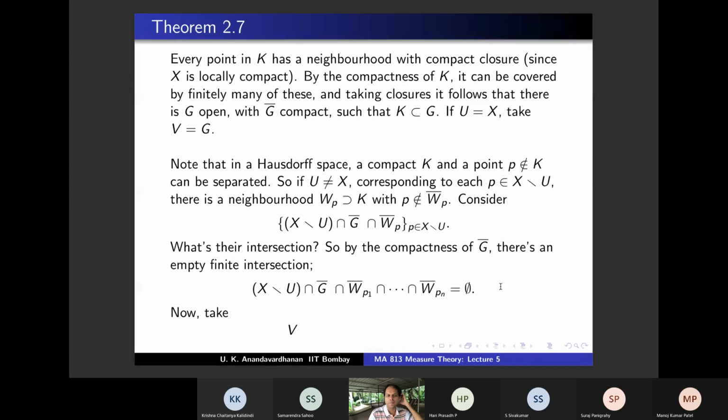Can you give me V? What do we want? We want V open such that V bar is compact, K is contained in V and V bar is contained in U. What is V for you?